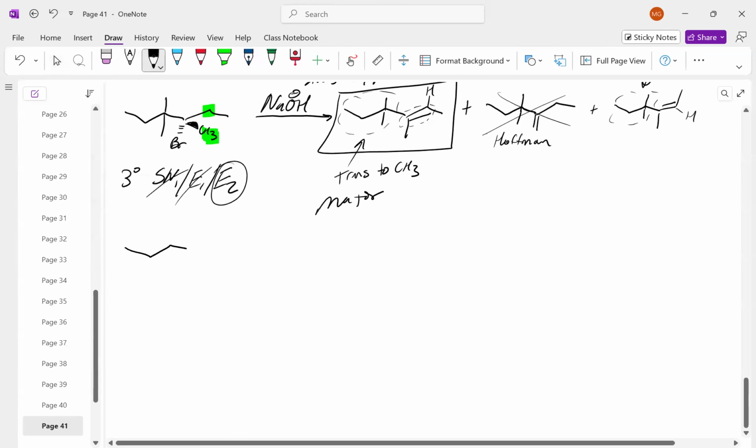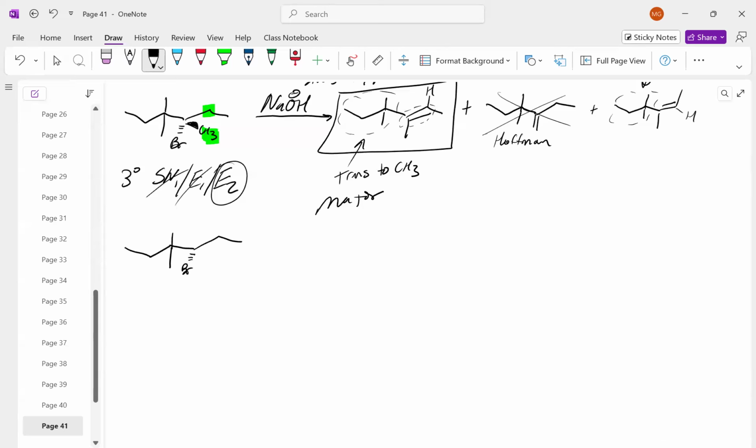Now I'm going to use the same exact substrate. But instead, I'm going to use water. So again, I'm dealing with a tertiary leaving group, so my possibilities are SN1, E1, and E2.